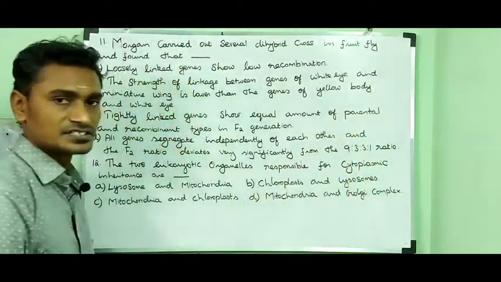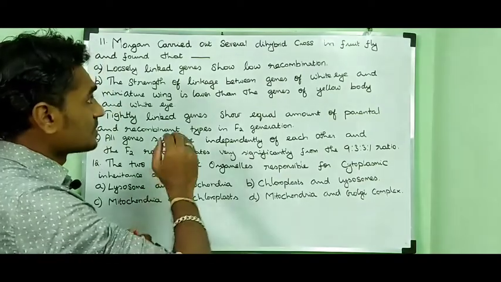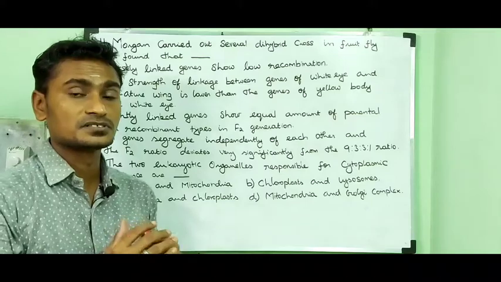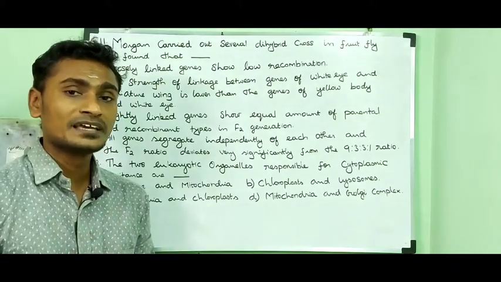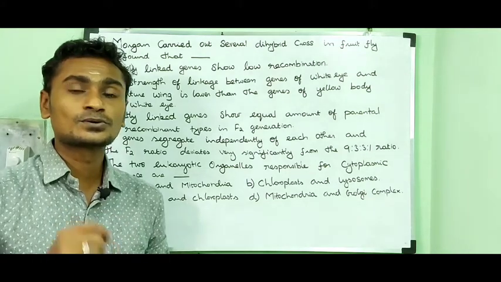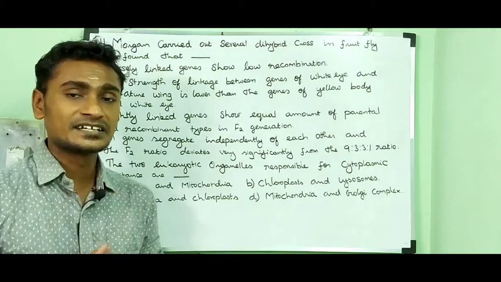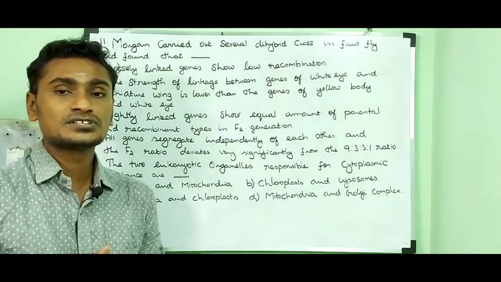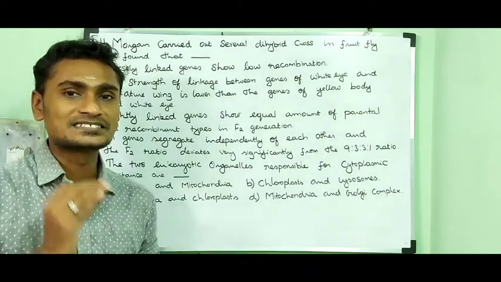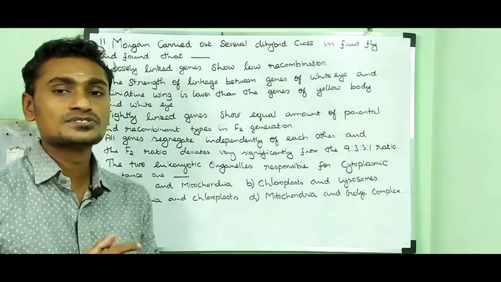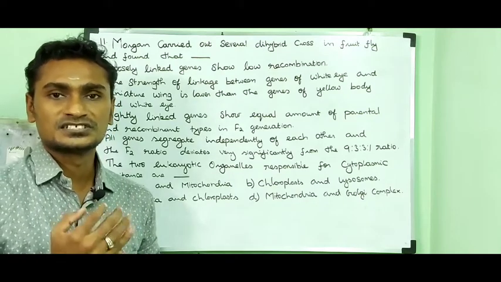Actually, Morgan carried out several dihybrid crosses in Drosophila melanogaster. Based on his breeding experiments in fruit fly, he proposed the chromosomal theory of linkage. The theory states that linked genes are present on the same homologous chromosome in a linear sequence and produce more parental combinations in F2 generation.